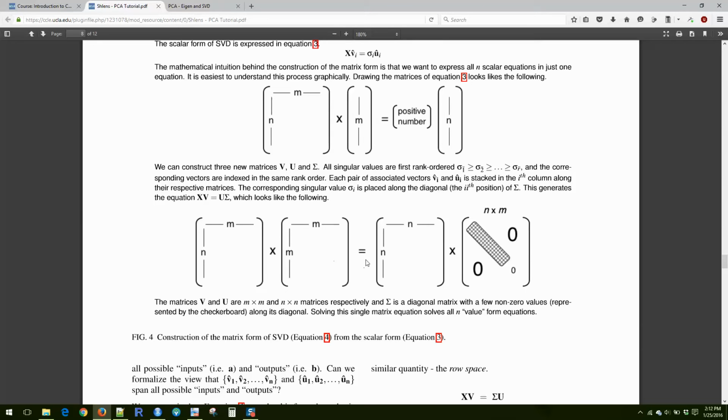And so essentially what we're trying to do is re-express our data matrix X times the eigenvectors V as a combination between U and Sigma. So U is another matrix, a square matrix, a different size than this one.